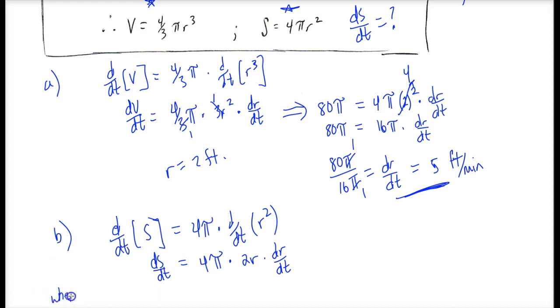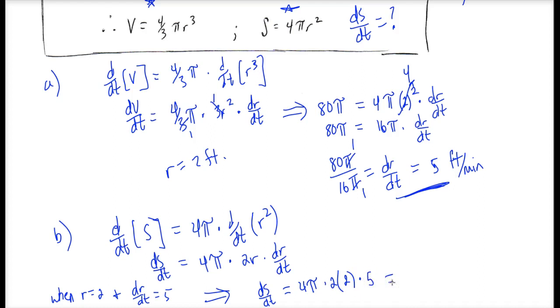So let's say when r is equal to 2 and dr over dt is equal to 5, we'll say that ds over dt is equal to 4 pi times 2 times r, which is another 2, times dr over dt, which is 5.